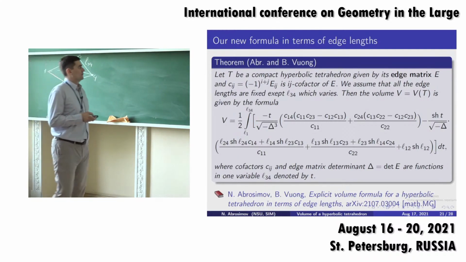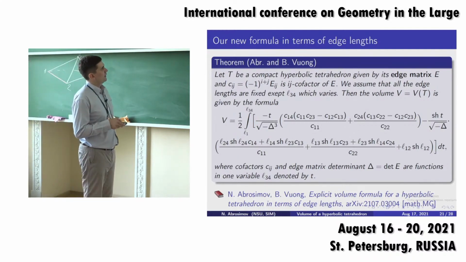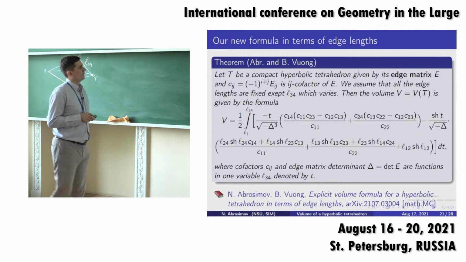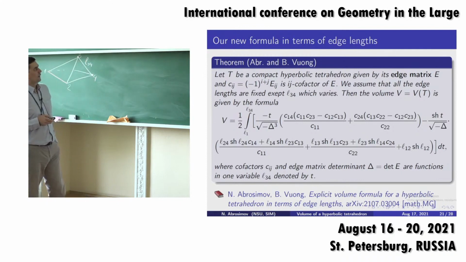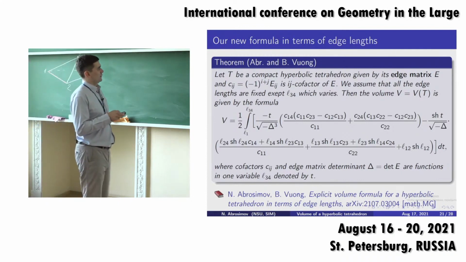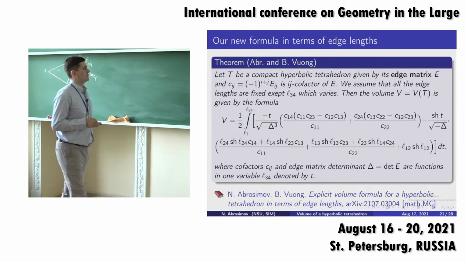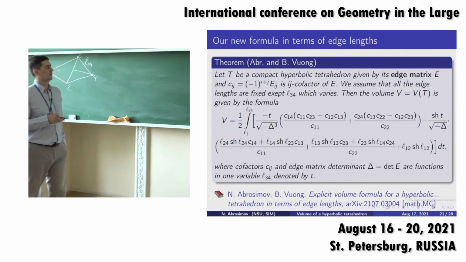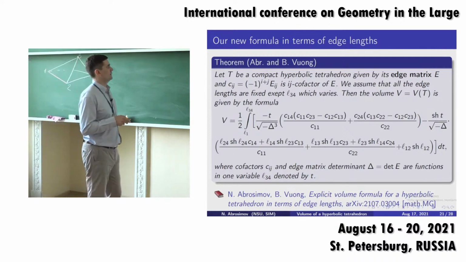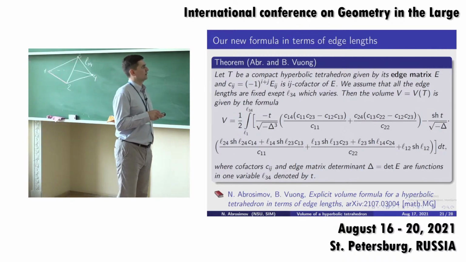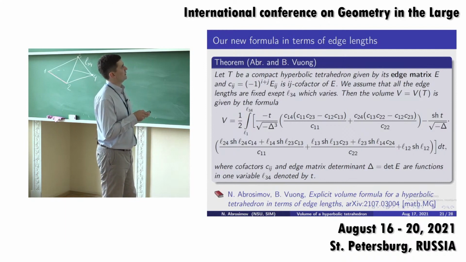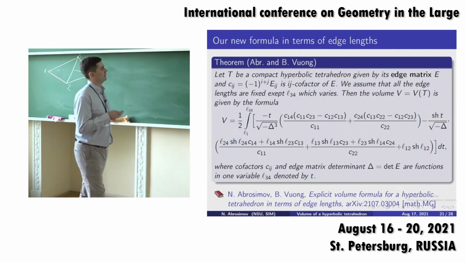Then the volume of a tetrahedron is given by this integral. And we consider the cofactors as the functions of one variable L34, denoted by t, just to distinguish the variable of integration and the limit of integration here.